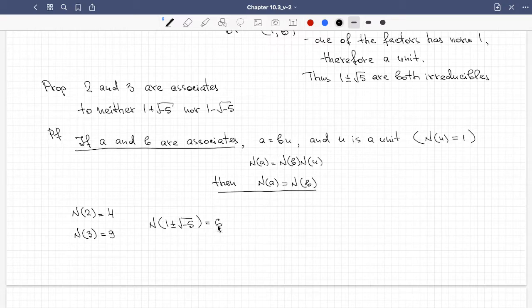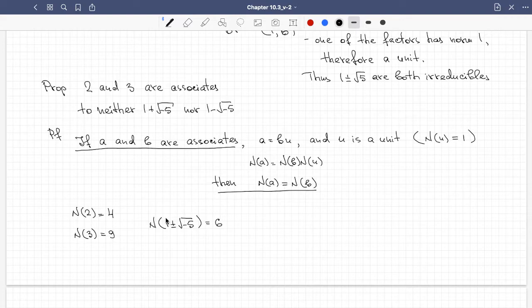So we see that 2 is not associated to either of them. The norms are different. 3 is not associated to either of them. The norms are different. 4 is not equal to 6. 9 is not equal to 6. So 2 and 3 are irreducibles, neither of which is associated to any of these irreducibles.